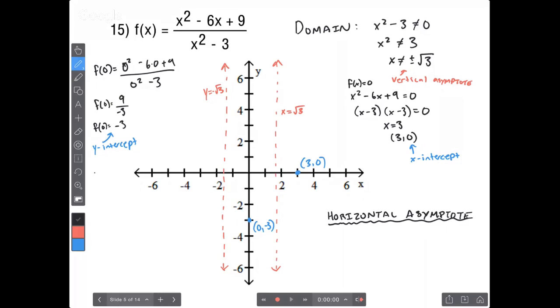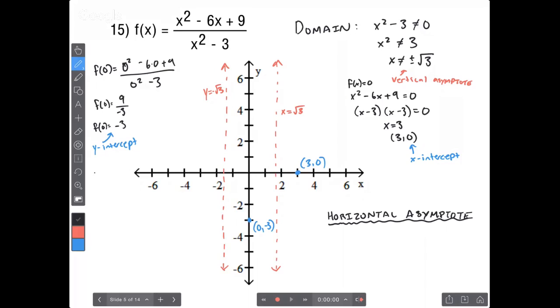Then we said, okay, if the degree of the numerator is the same as the degree of the denominator, well, then the horizontal asymptote comes from the ratio of the leading coefficients of the numerator and denominator, which is the situation we're faced with here. Then we said if the degree of the numerator was 1 more than the degree of the denominator, we were going to get an oblique asymptote, or a linear asymptote.